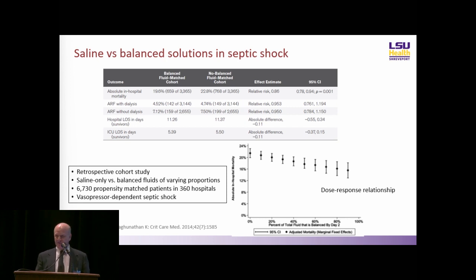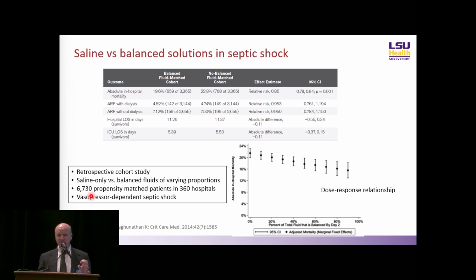Most of the studies that have been done looking at these two in patients with sepsis or ICU patients showed no significant difference. But when I looked at the ones that didn't show any difference, the volumes of saline given were fairly small, 1.5 liters. That doesn't touch anything. But when you give larger volumes, that's where the difference comes in. So this was a retrospective cohort study, but there were 6,700 propensity matched patients.